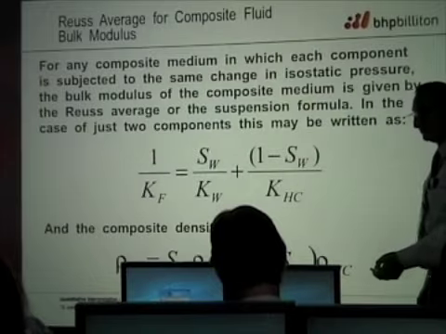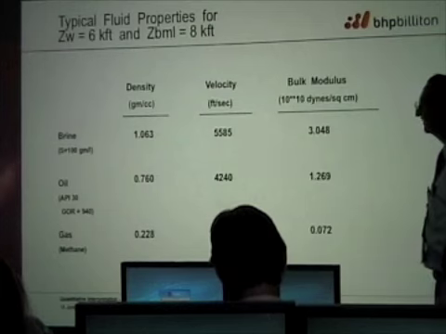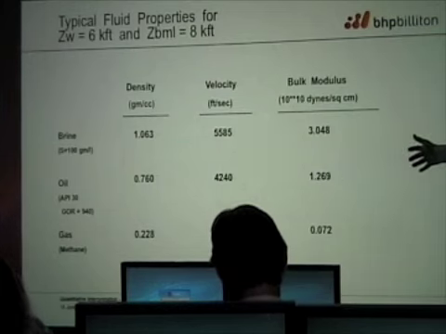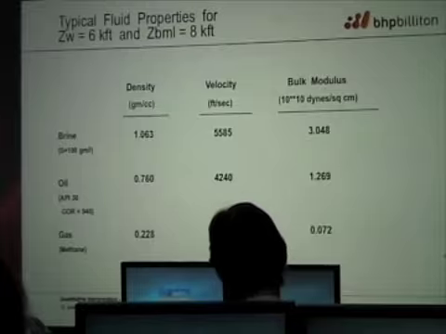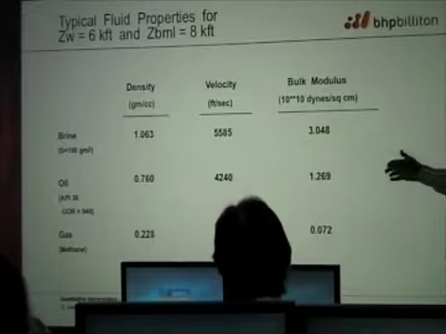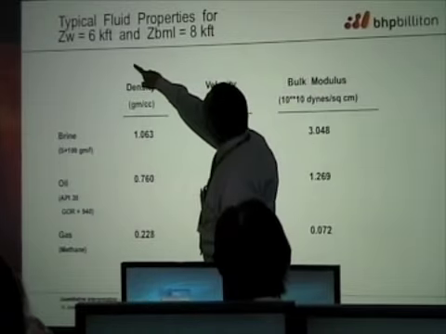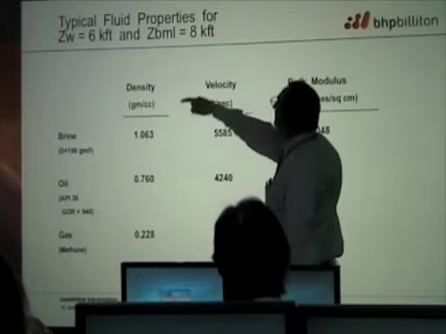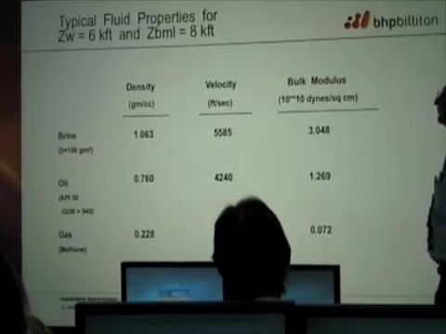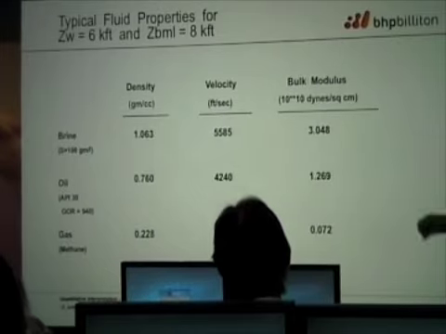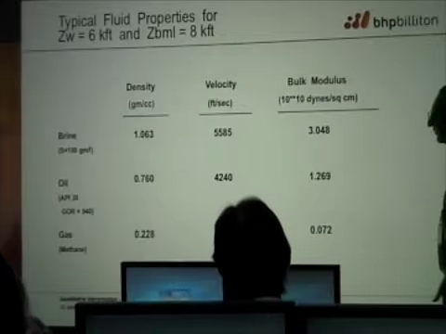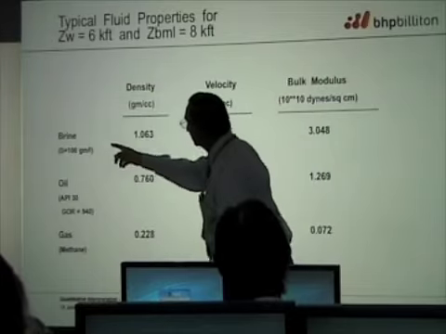Okay. What does that look like for our fluids? And here are our numbers, some reasonable numbers. You're going to see a lot more than reasonable numbers. These go for a water depth of 6,000 feet and a sediment depth below the sea bottom of 8,000 feet. For brine, a reasonable number is 100 grams per liter salinity.